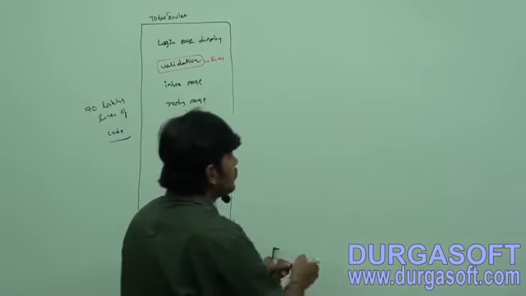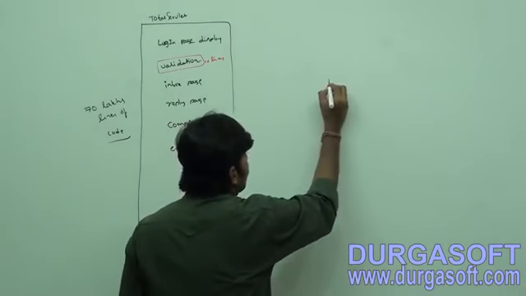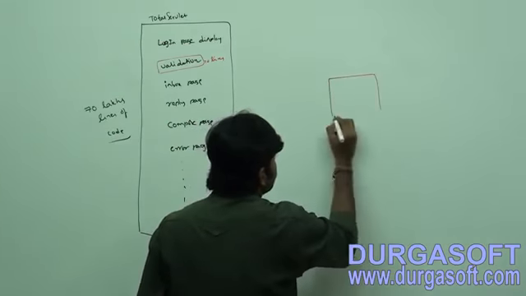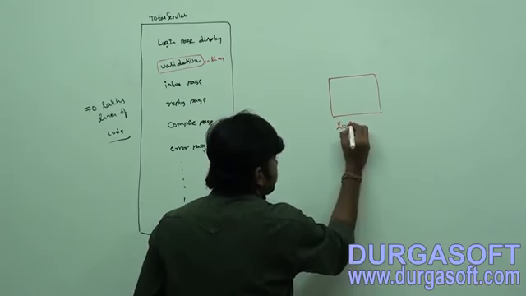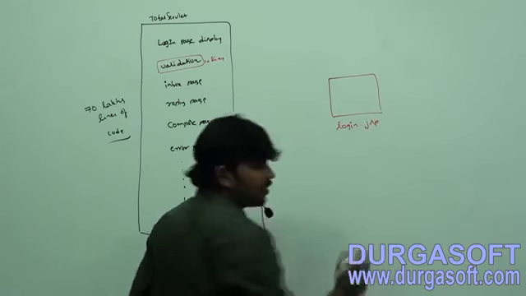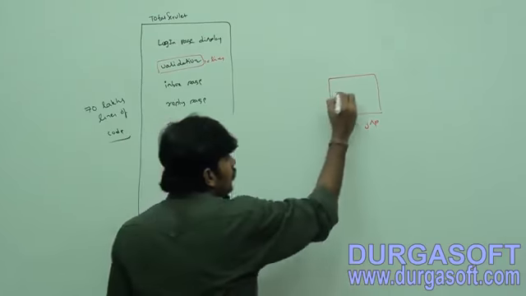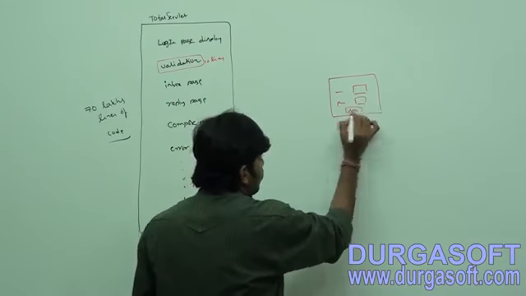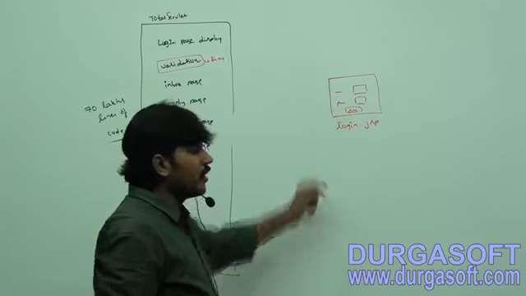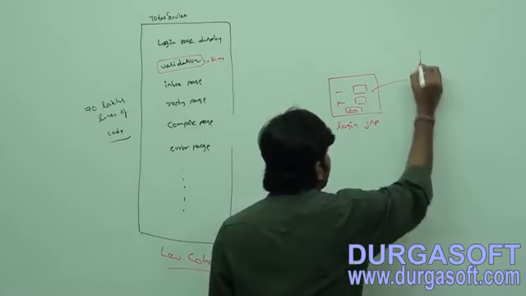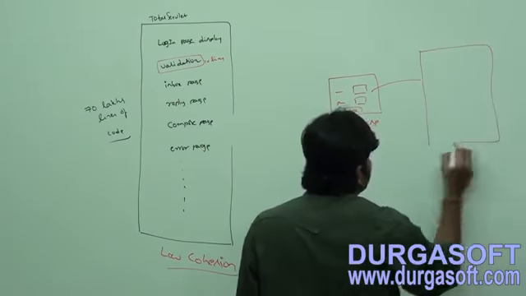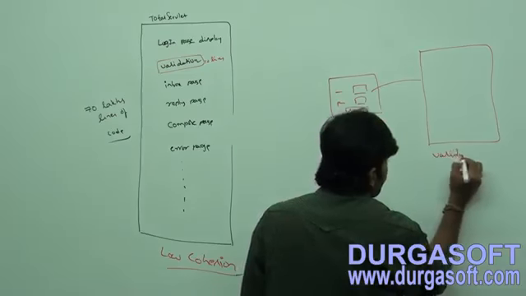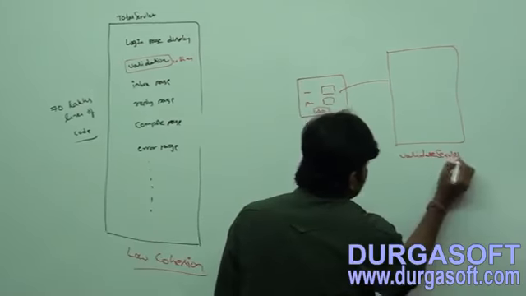Now observe this. I am taking the login page, login.jsp. Now enter username and password and then click the submit button. Whenever you click it, the request will come to the validate servlet.